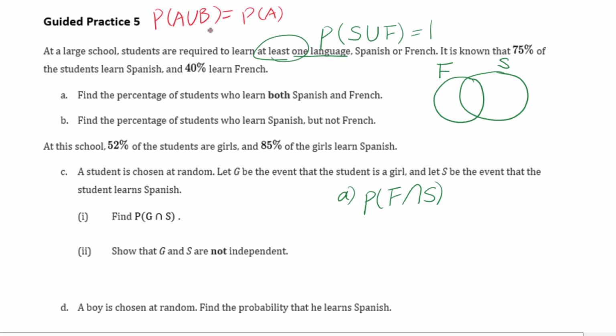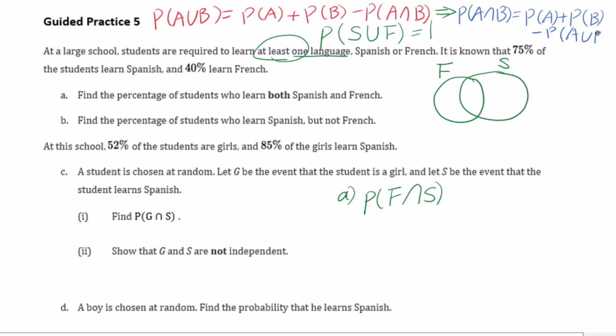For the addition rule of probability, the probability of A union B equals the probability of A plus the probability of B minus the probability of A intersection B. From this addition rule, we can get the probability of A intersection B equals the probability of A plus the probability of B minus the probability of A union B.